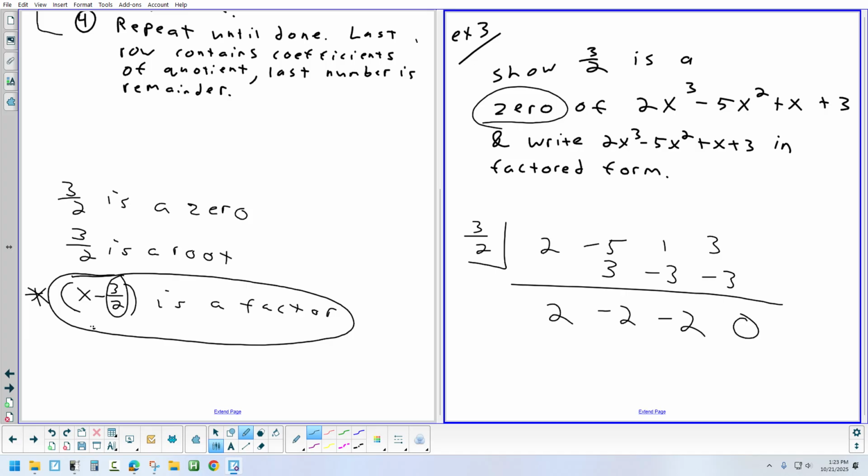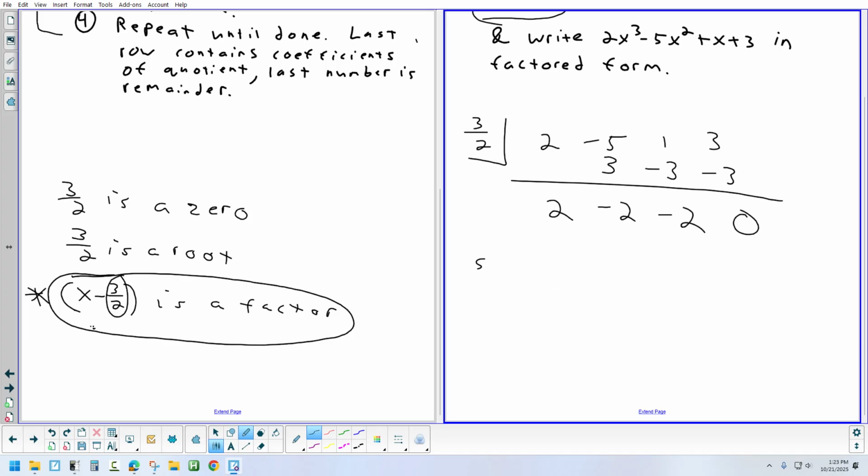So I'll write that down: since x minus 3 halves is a factor, because we got remainder 0, 3 halves is a root. So worded a little bit differently, but still just doing a synthetic division problem. Any question on that?